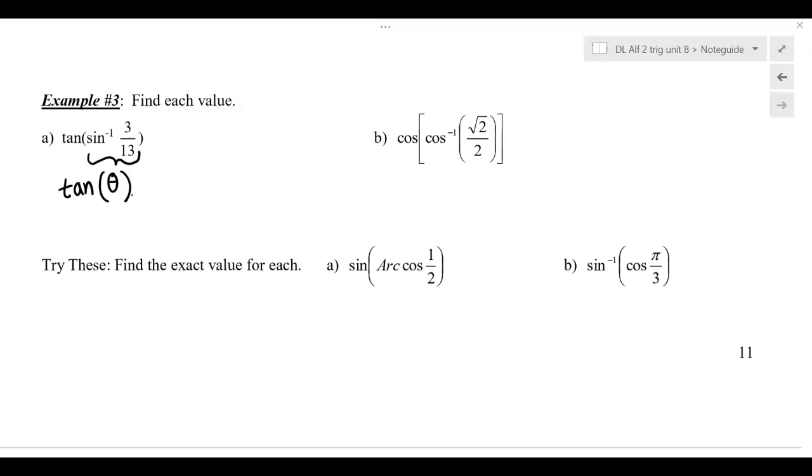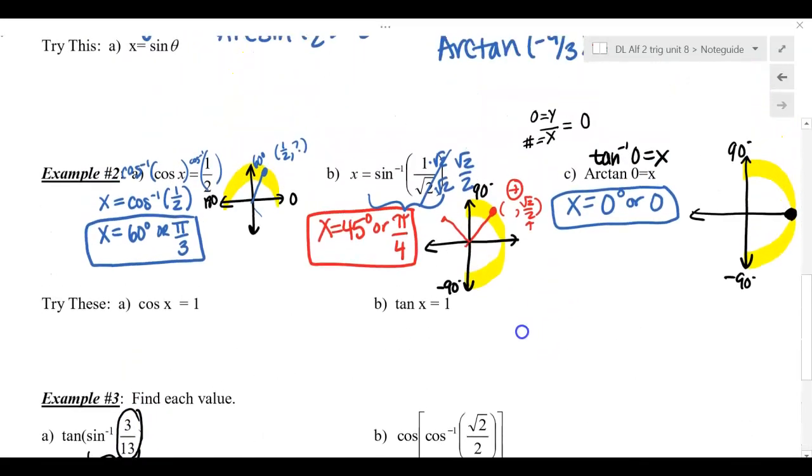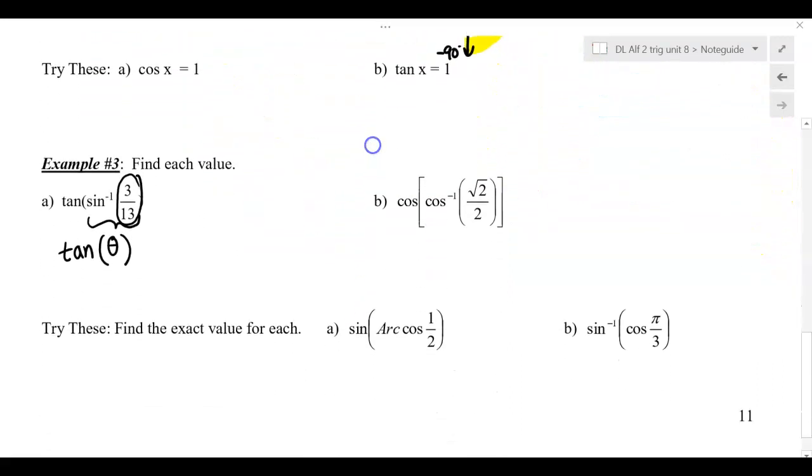Okay. So now I want to focus on, can I find out that angle? So look at what the sine value is. See how it's the number 3 over 13? Look back at the examples that we just did previously. Here's an inverse sine problem. I was able to quickly solve it because I knew that the sine of the angle was rad 2 over 2. I don't know of any special angles whose sine value ends up being 3 over 13. That's not a familiar value to me on the unit circle.